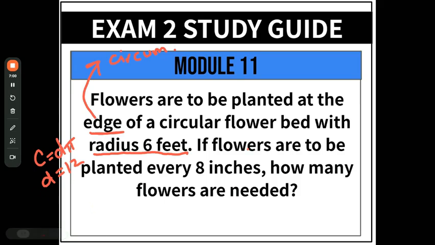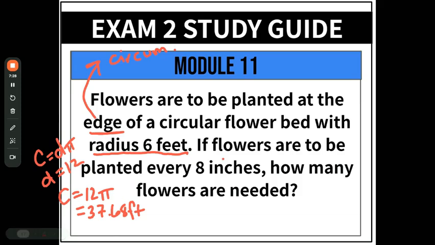So let's find circumference first, then we can work on the flowers that are going to be planted every 8 inches. So I've got C equals 12 times pi. And in your calculator, you can type that in as 12 times 3.14 or use the pi button. And I'm going to get my circumference to be 37.68 feet.